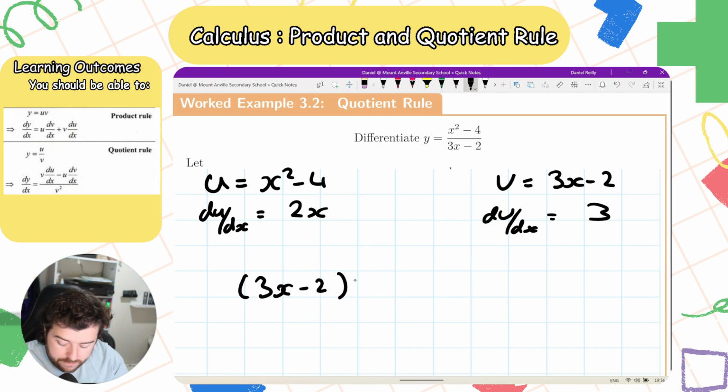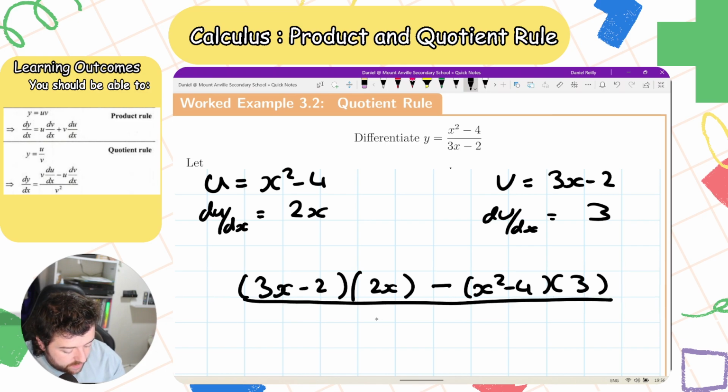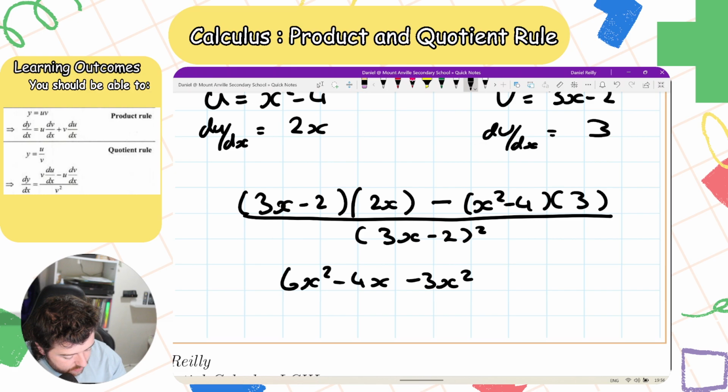So the formula, let's use right up here. The v times du dx, which is 2x, minus u, which is x squared minus 4, times dv dx, which is 3, all over v squared. My top here is going to be 6x squared minus 4x minus 3x squared plus 12 all over 3x minus 2 squared.